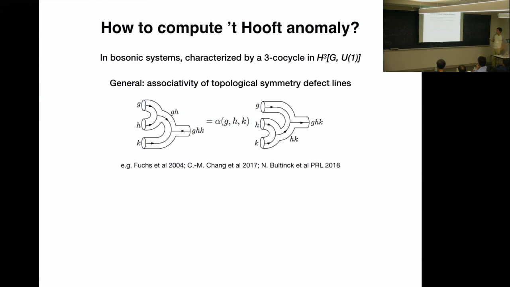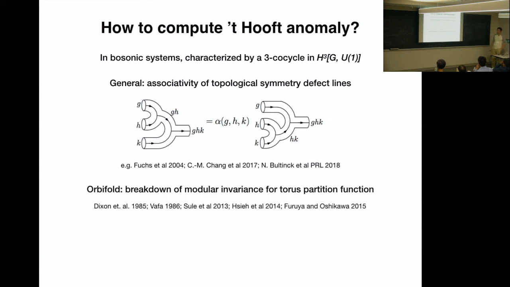Another approach to the computation of 't Hooft anomaly is to look at the orbifold partition function. Right? So you put a theory on the torus and introduce symmetry twists in two directions, and see whether you can make the partition function modular invariant. So this was, of course, also started in the 80s, and then here are more recent references which apply this idea to the study of SPT phases.